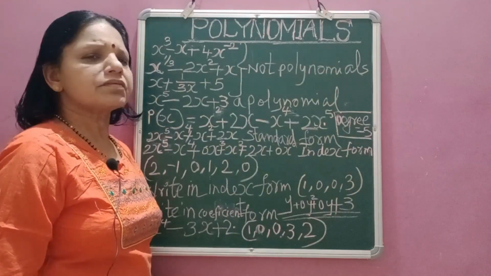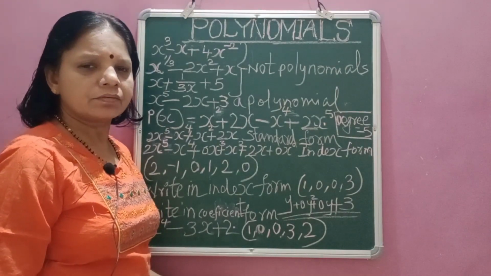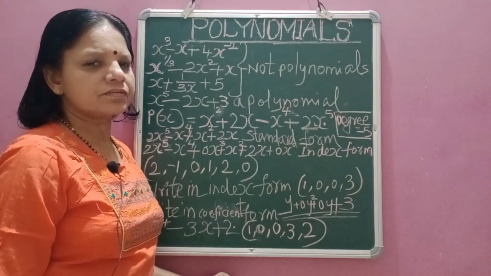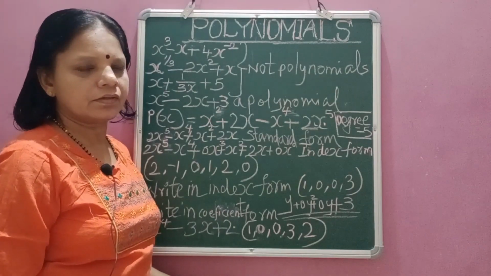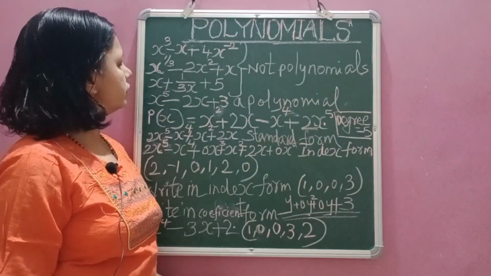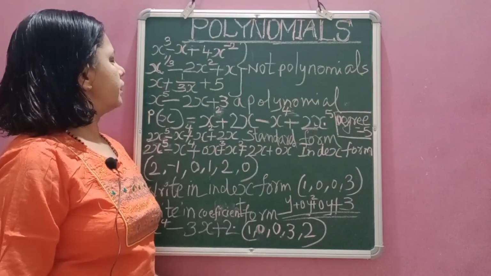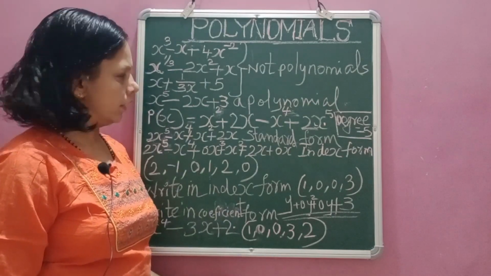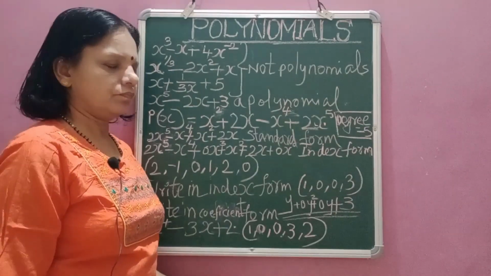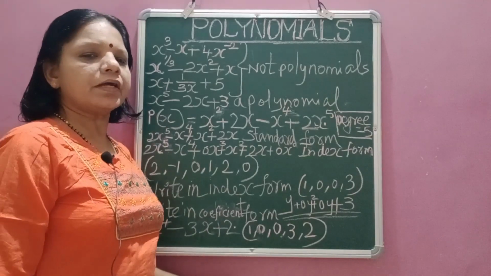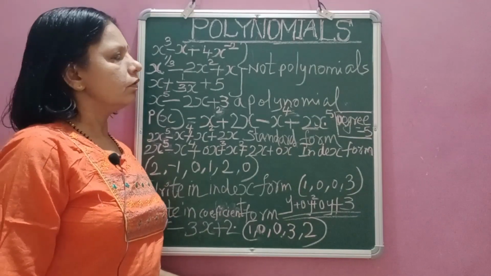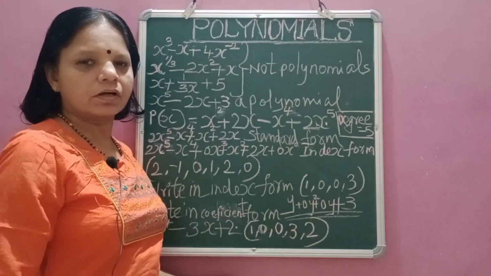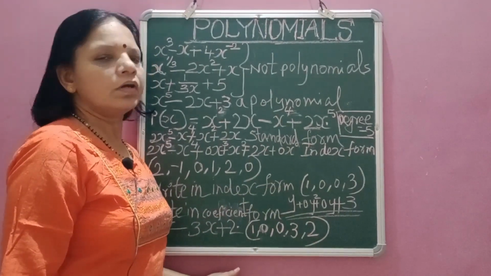Another one, x raised to 1 upon 3 minus 2x square plus x. It is another algebraic expression. Another one, x plus 1 upon 3x plus 5. These algebraic expressions are not polynomials. They are not included in polynomial.